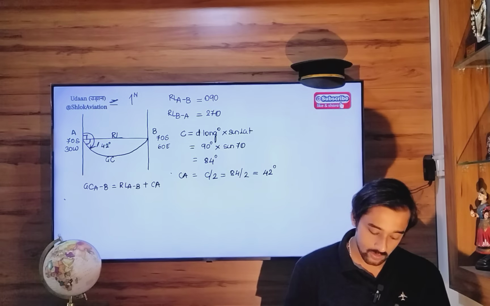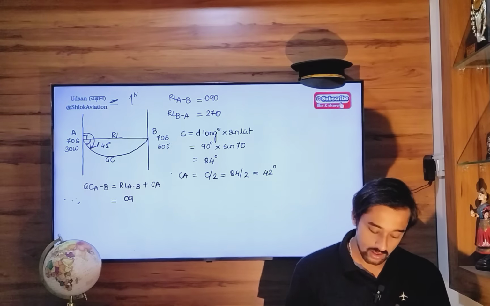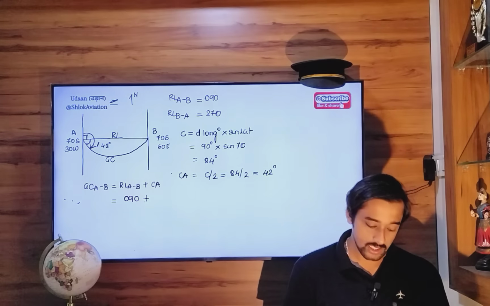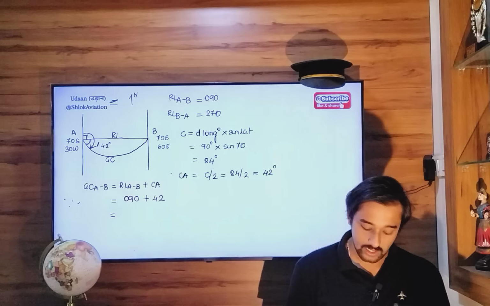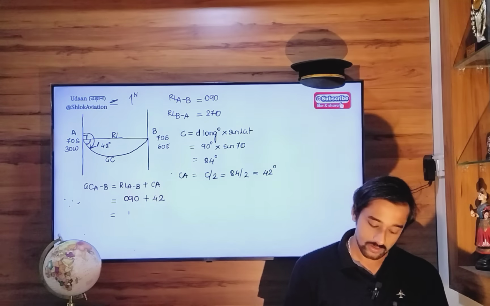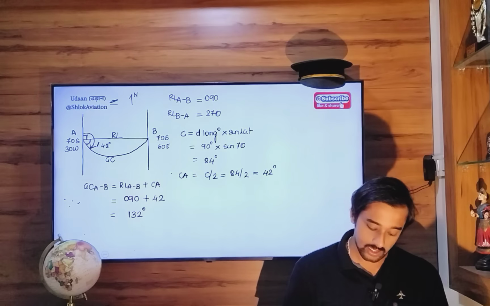So the rhumb line A to B is 090, and the convergency angle is 42. So that is equal to 132. The correct answer is 132.